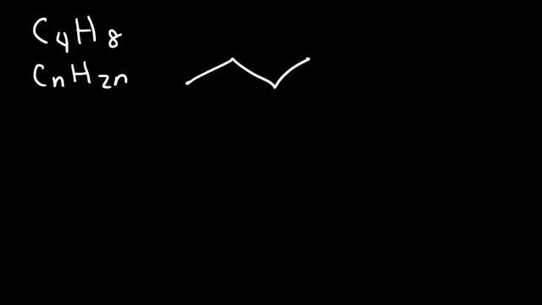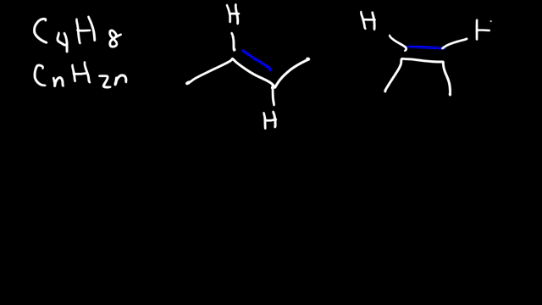So for C4H8, we can draw this isomer, trans-2-butene, we can also draw cis-2-butene. These are cis-trans geometric isomers, but they're not constitutional isomers because they're connected the same way. But they are isomers though. We could also draw 1-butene.